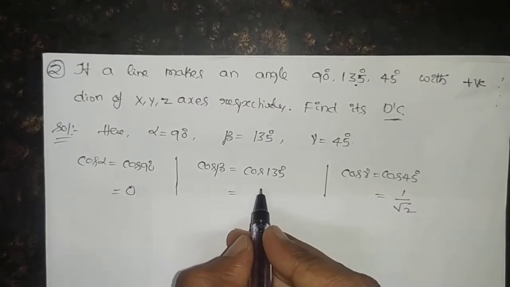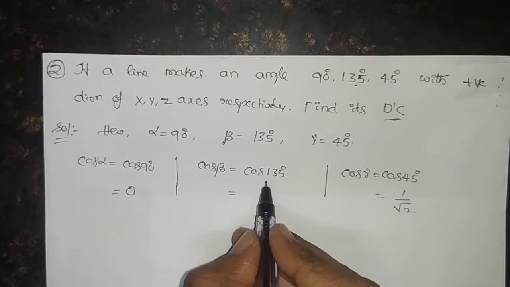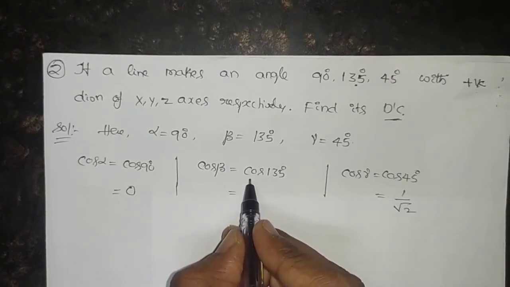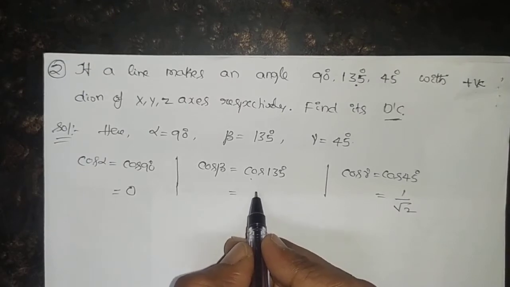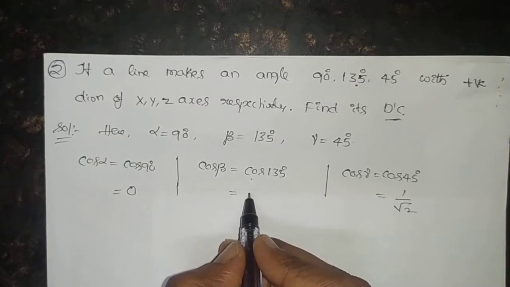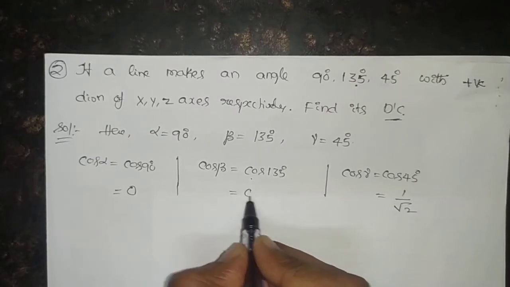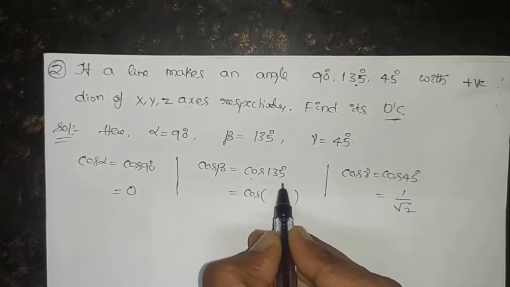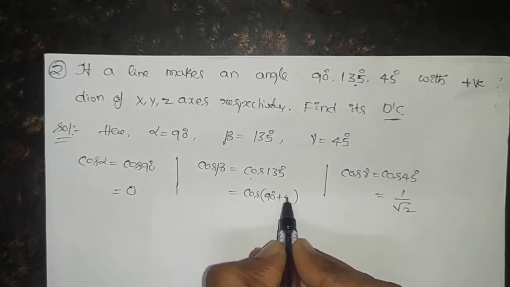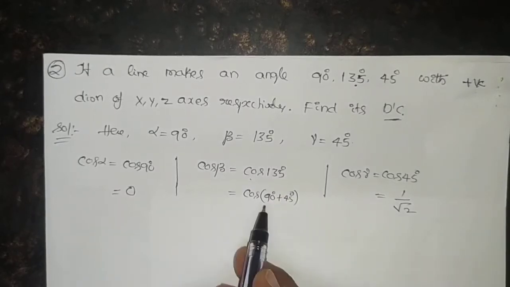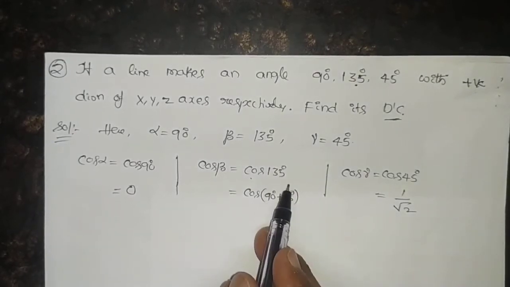How to find the value of cos 135 degrees? Here we are going to use the first year PU concept. Cos of 135 degrees can also be written as cos of 90 degrees plus 45 degrees, right? 90 plus 45 is 135 degrees.